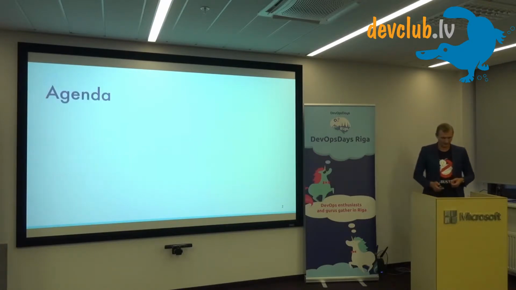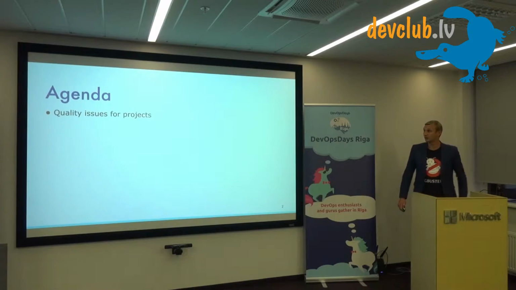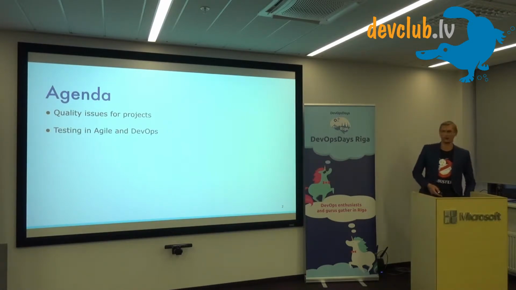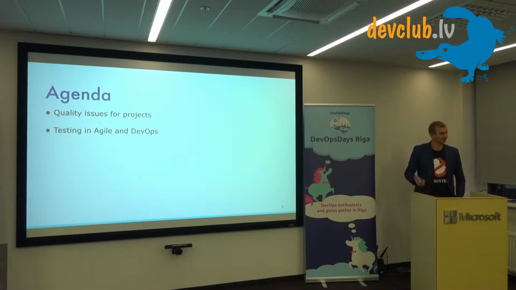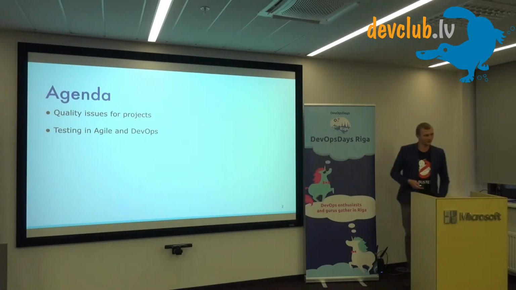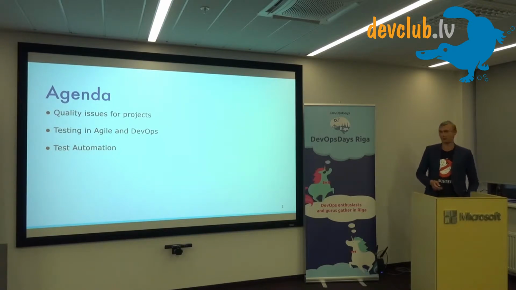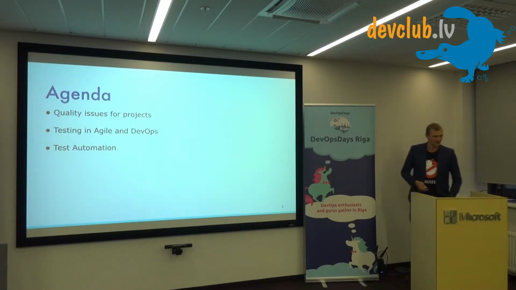So the agenda. I will talk a little bit about the quality issues that I have seen for the projects that I have worked on. Also, what exactly the testing means in the Agile and DevOps life cycles, what I have figured out, and also I will show what the test automation means, what we should automate and how much, and maybe something we don't need to automate.